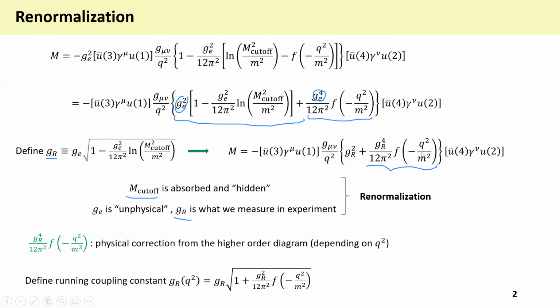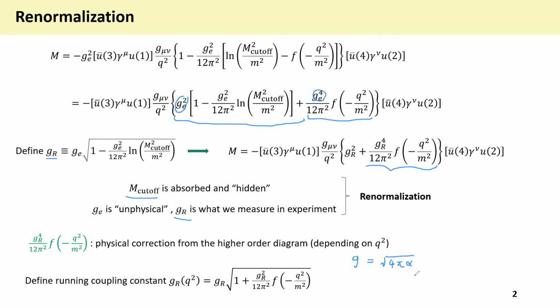Finally, we can also absorb this Q squared dependence into this running coupling constant to include the effects of the higher-order diagrams. And we know that the coupling constant is related to the fine structure constant like this.